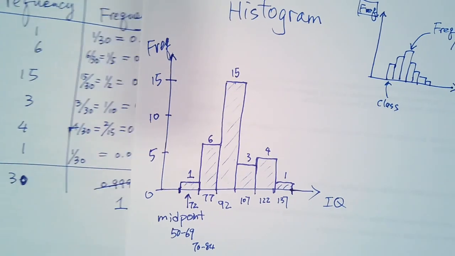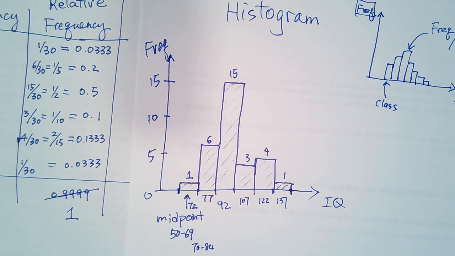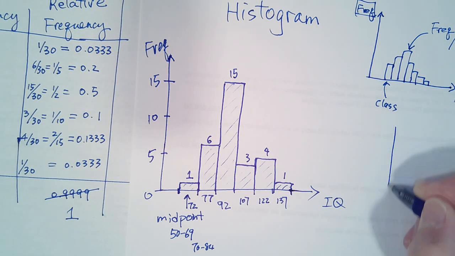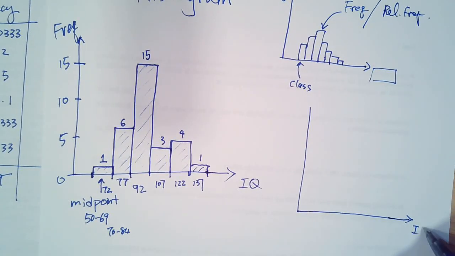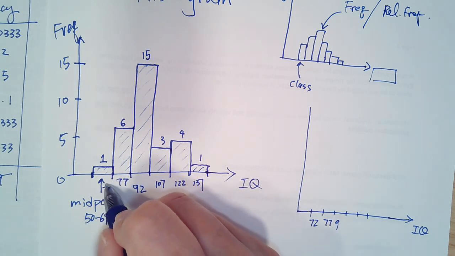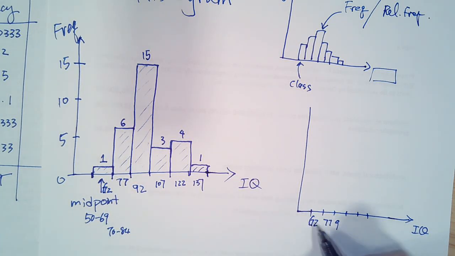You can also do relative frequency, and guess what? Again, you're going to have the IQ here, which is the same. So you're going to have 1, 2, 3, 4, 5, 6 classes. Of course, you can choose the labels 62, 77, 92, 107.